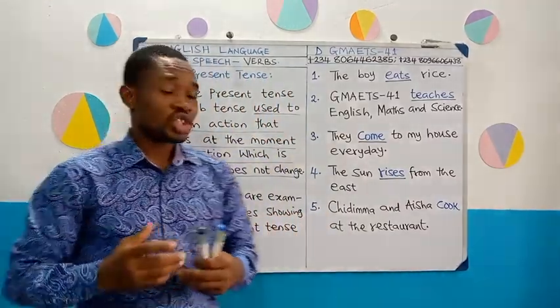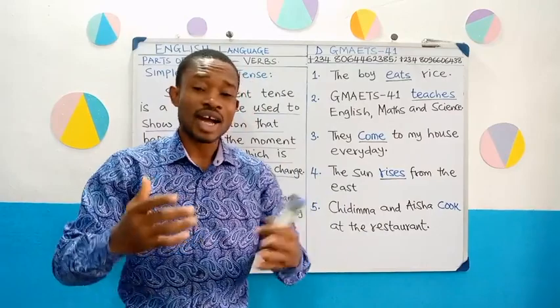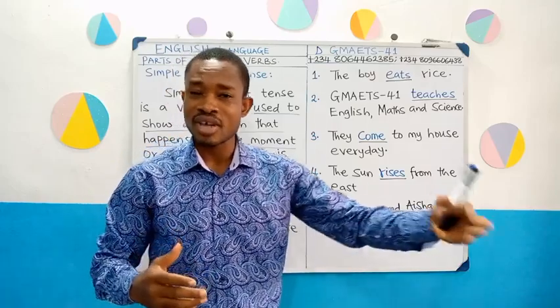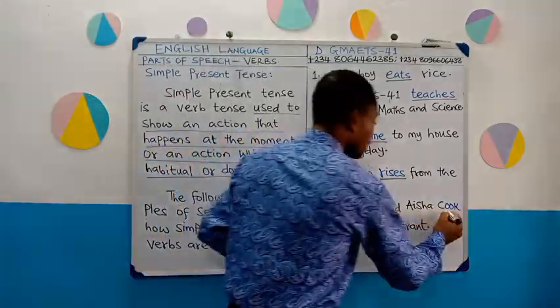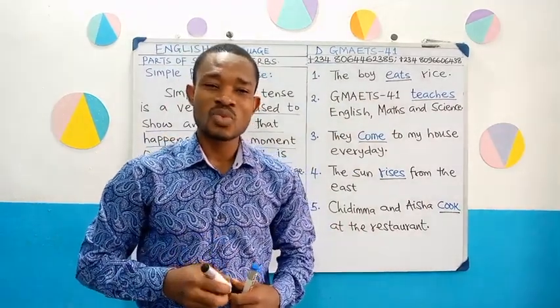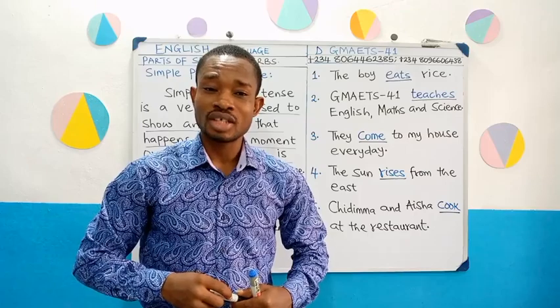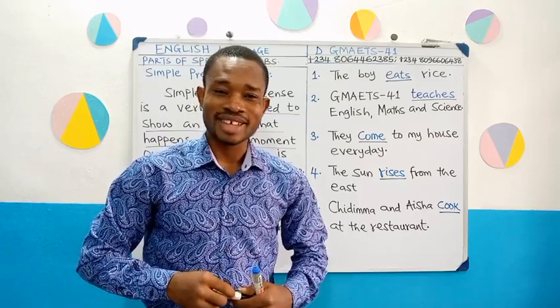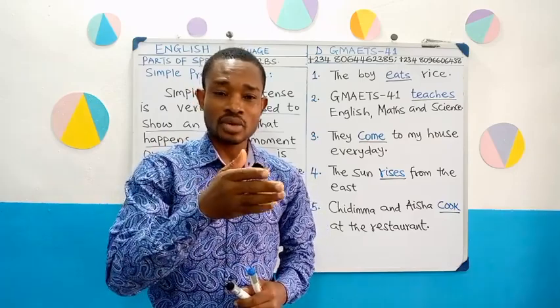Sentence number 5. Chidima and Aisha cook at the restaurant. The simple present tense word there, verb, is cook. So you are telling us where Chidima and Aisha cook. Not at home, not outside, but where? At the restaurant.